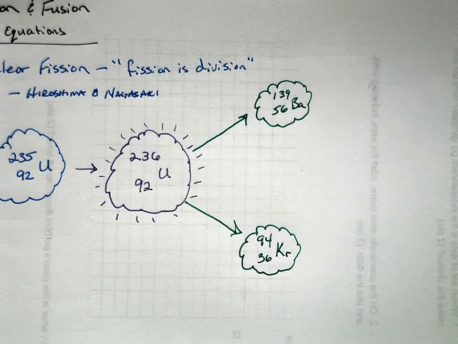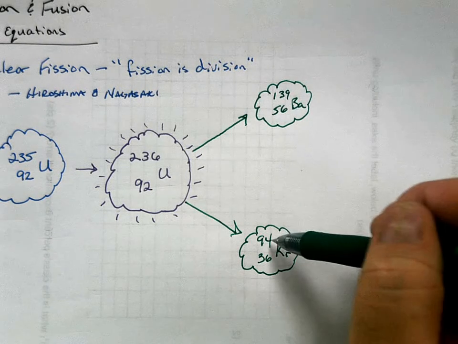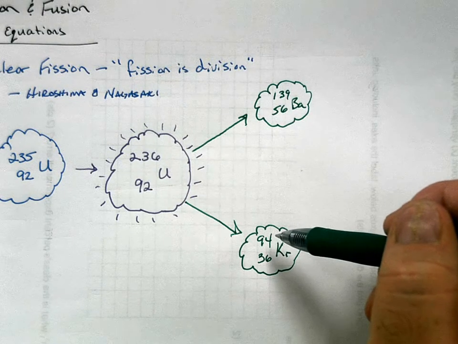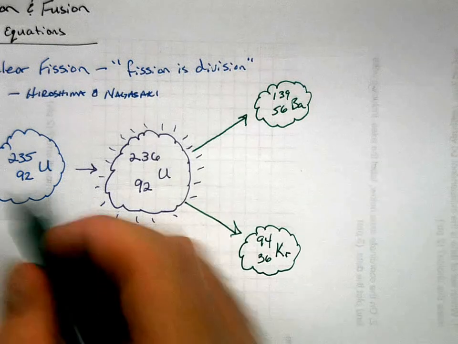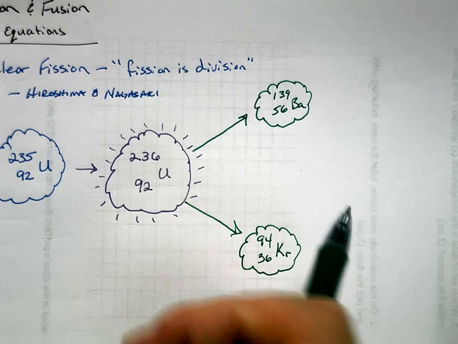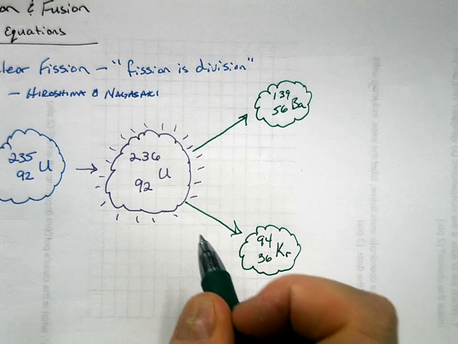Now, stop here for a sec. 139 plus 94 is what? 233. Now, what did we have to begin with, though? 236. Okay, we're missing what? 3 neutrons.